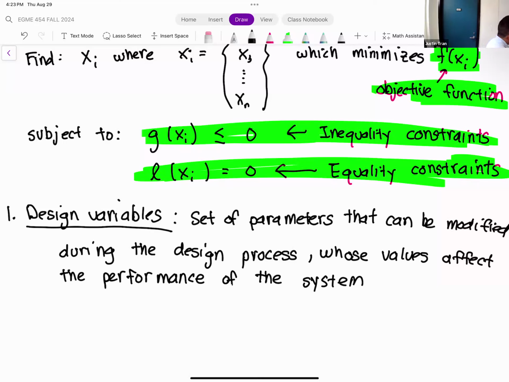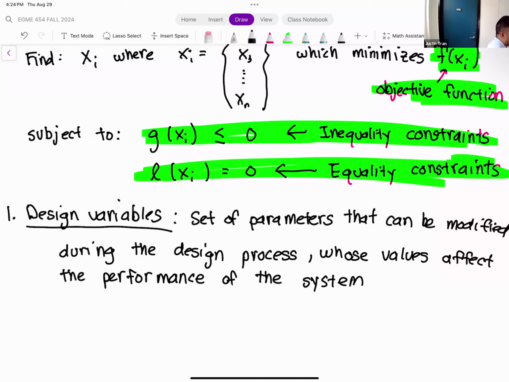So your design variables are the parameters that you are looking to optimize. Thinking back to the example that we did earlier with the column, that was a single variable system with one design variable.